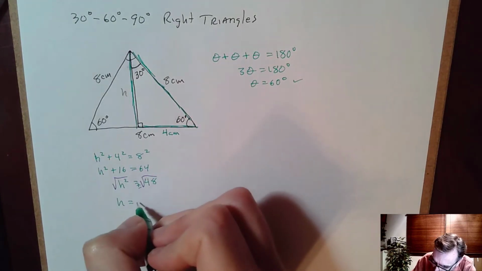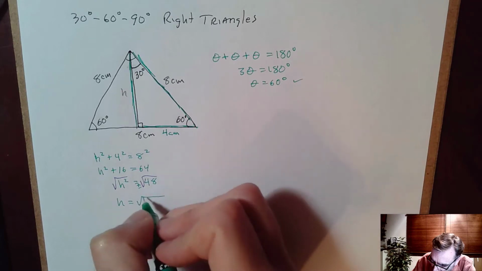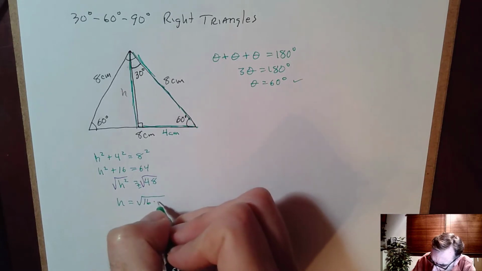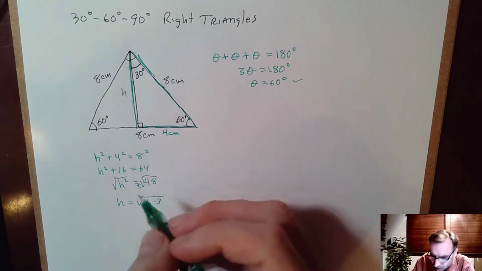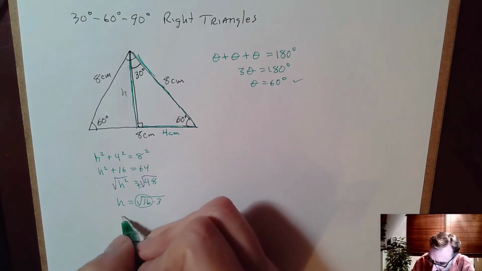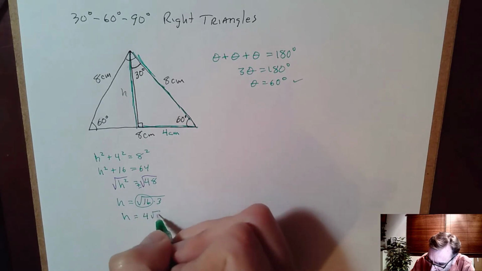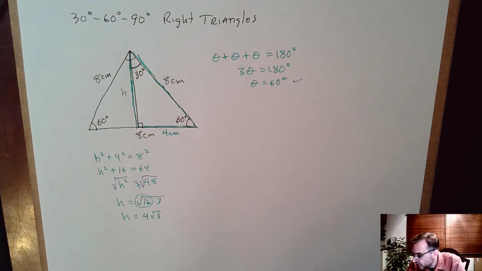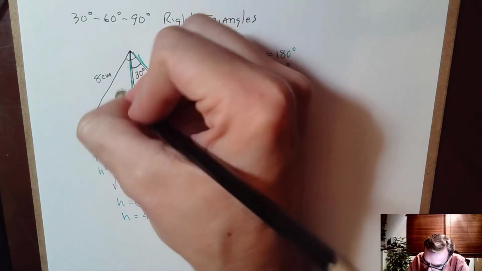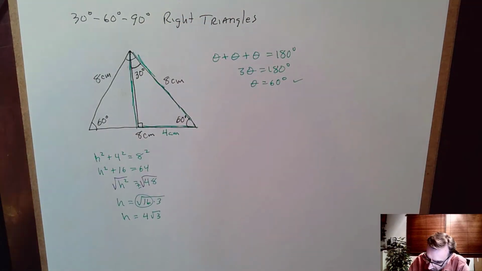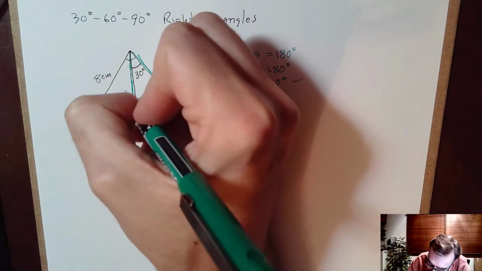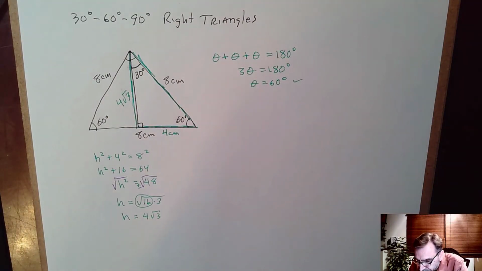We're doing geometry. And so we get the square root of 48. Now 48 is 16 times 3. And the square root of 16 is 4. So the height here is going to be 4 square root of 3 centimeters. And I'll erase that h and put that in there, right? 4 square root of 3.